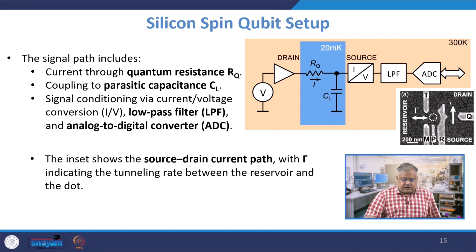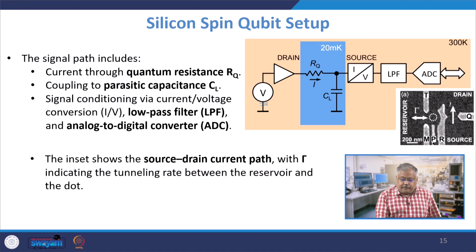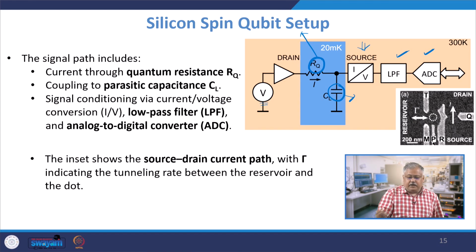So, the voltage source is capital V here, right, and the passive networks are the quantum resistance here RQ and the parasitic capacitance CL here. So, this and this are primarily the equivalent R and equivalent C value which you see. The signal conditioning is done via low pass filter and ADC, right, and this is your bandgap reference current or voltage source, and you do an ADC here. These are all sitting at 300 Kelvin, your qubits are at 20 millikelvin.